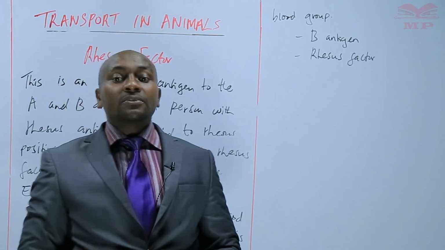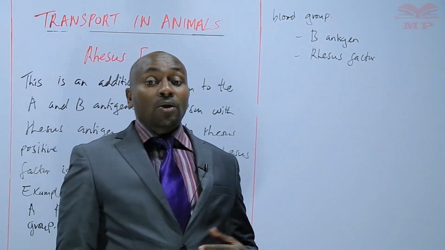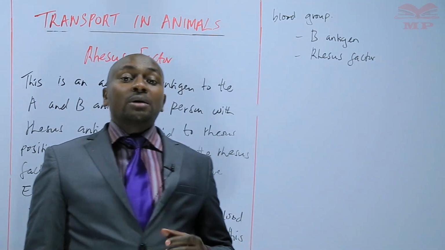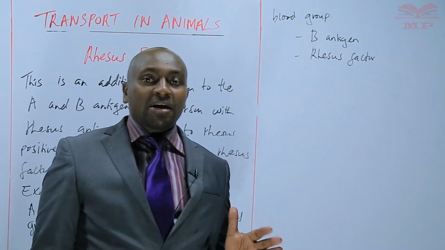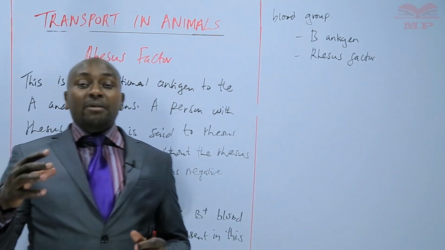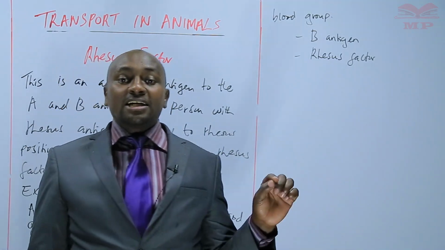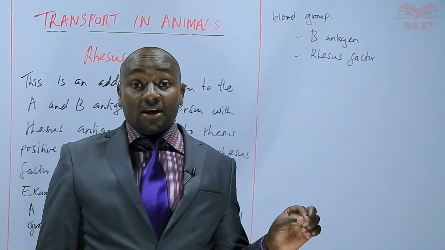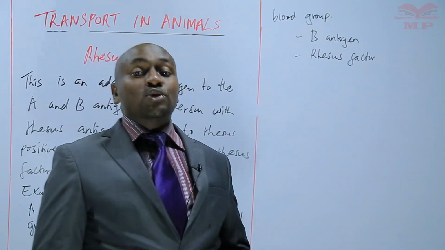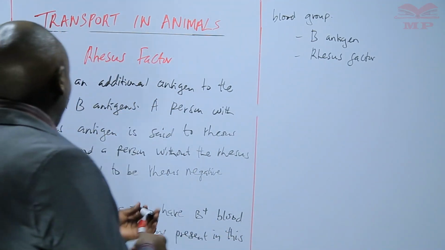That is because some of the antigens from the fetus will pass into the mother's blood circulation, where they will be seen as foreign because the mother doesn't have the Rhesus factor. So the mother produces antibodies to try and fight the Rhesus antigens of the fetus, and the fetus may suffer from a disease called hemolytic disease of the newborn.